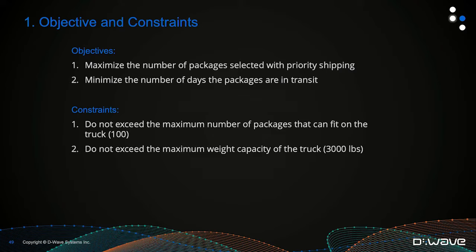Then our constraints are that we need to make sure we don't exceed the maximum number of packages that can fit on the truck. So for this example, we're just going to say that's 100. And the second constraint is that we can't exceed the maximum weight capacity of the truck. We're just going to arbitrarily choose that to be 3,000 pounds.